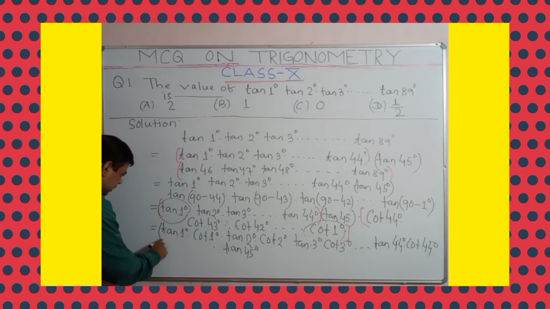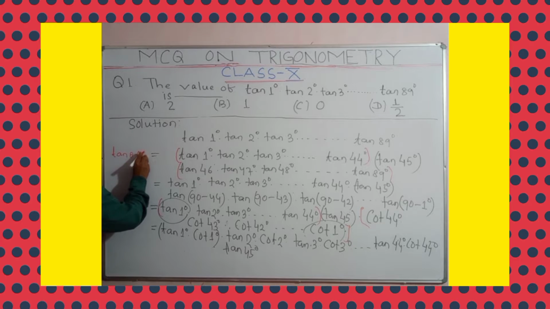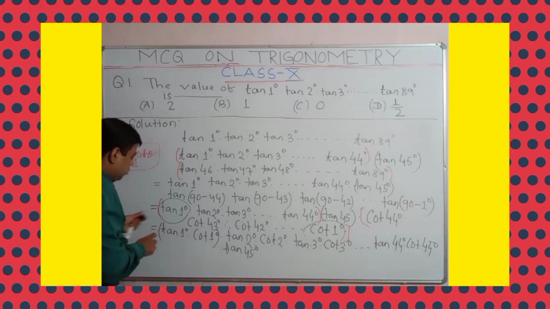So you know tan theta into cot theta. What is the value of tan theta into cot theta? You know the value is 1. All of you know tan theta times cot theta is equal to 1. So now, this tan 1 degree into cot 1 degree value will be 1.